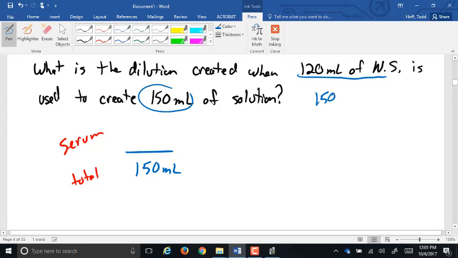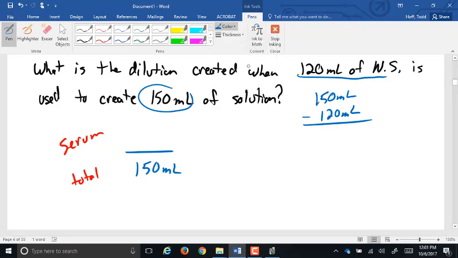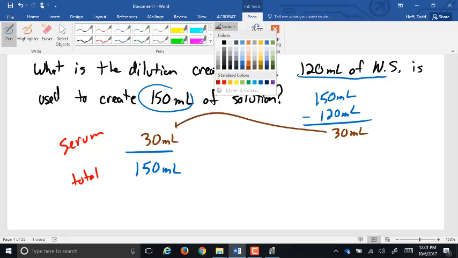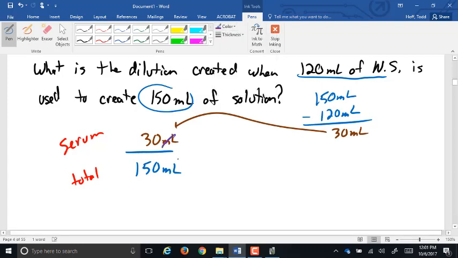If out of that 150 milliliters, 120 milliliters is saline, we subtract, that's 30. So the other 30 has to be serum. So our milliliters can cancel out, and we can divide both of those by 30. This is a 1 in 5.